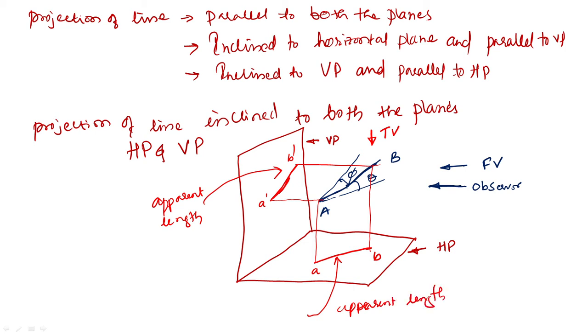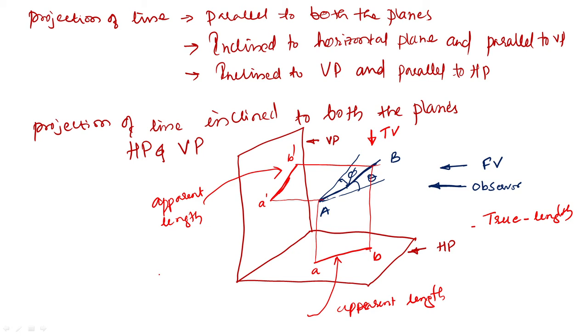Right. Now based on the position of point A and B, you need to find out the true length, or they will provide the dimensions of the line.